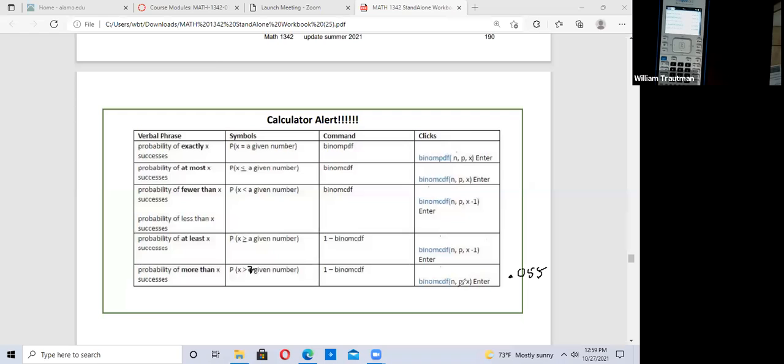And we had to type in an 8 in the lower and 10 in the upper. Right, 0, 1, 2, 3, 4, 5, 6, 7, 8, 9, 10, greater than 7 are these 3 numbers.